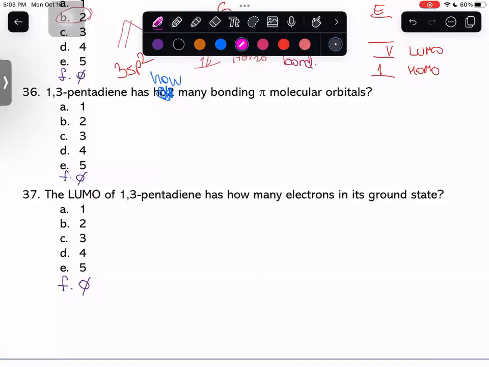Okay. So for question 36 and 37, we're looking at the same exact molecule, 1,3-pentadiene. Who can draw it out on the energy diagram?